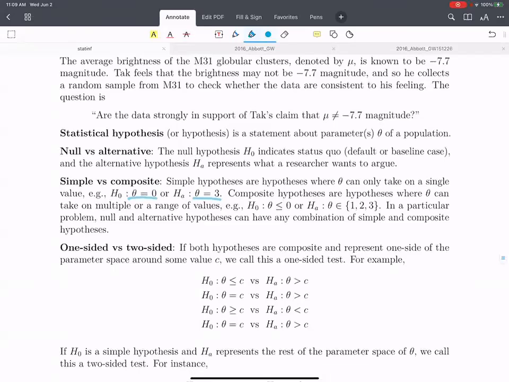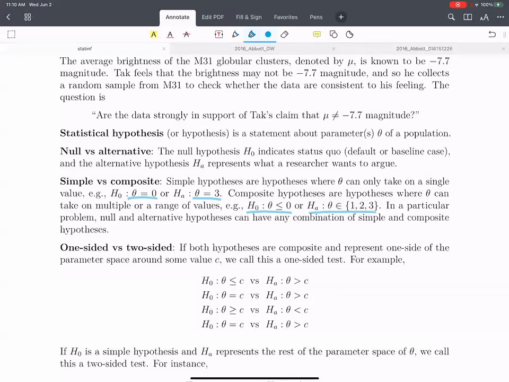For example, the null hypothesis here says theta is less than or equal to 0, a range of possibilities, and the alternative says theta is greater than 0, also a range of possibilities. So these are composite hypotheses. In practice, simple and composite hypotheses are typically mixed to write down your argument.